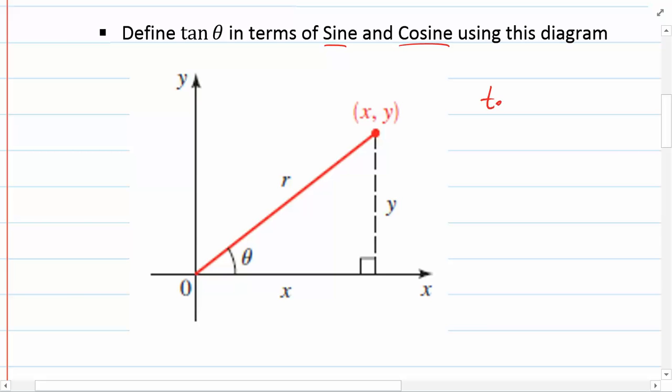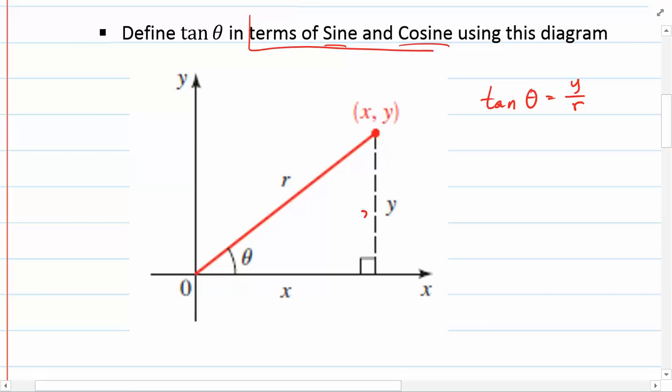For example, we know that tangent of theta is defined in this case to be, again, opposite over adjacent. Tangent of theta is equal to y divided by x. But this is tangent in terms of y and x.